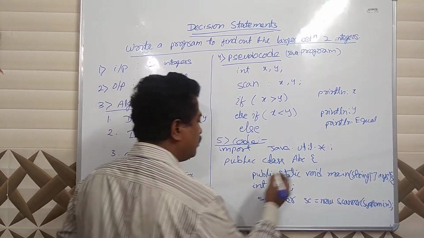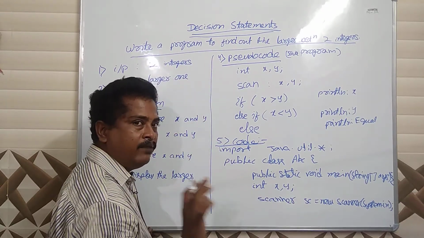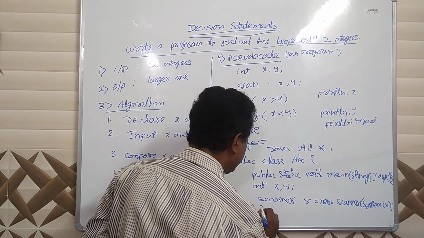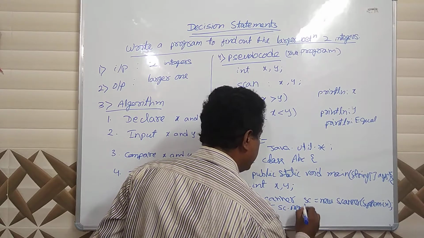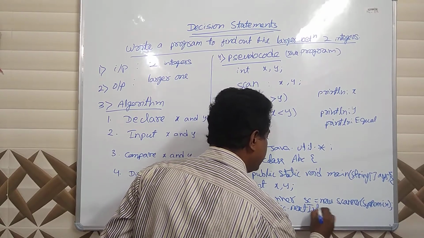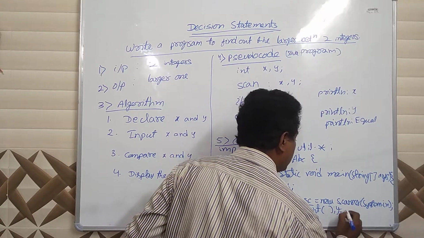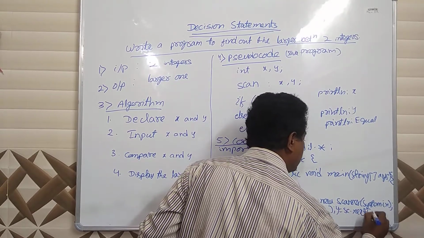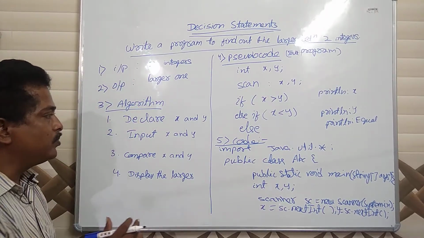Okay, now sc is declared. I am taking sc, you can take ab, pq, anything. Now to enter the values, x = sc.nextInt(). Regarding this nextInt also, in the previous video we have discussed. y = sc.nextInt(). How many variables you want to input, you input, but in this syntax. So now x and y are inputted.